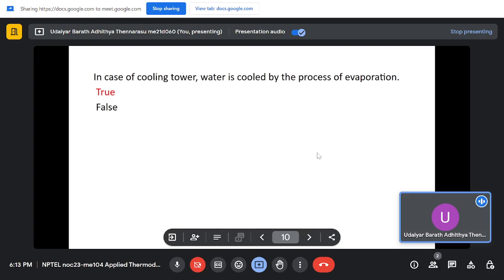The water is collected at the bottom again, and it can be reused or dumped. So there is evaporation taking place when the water droplet comes in contact with the air, and so the statement is true.